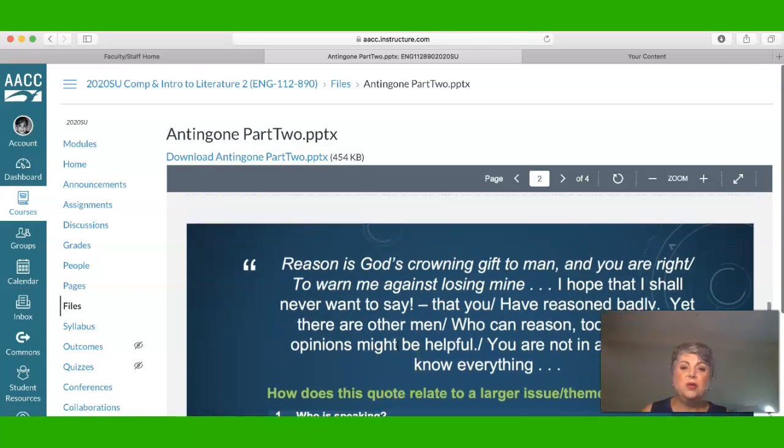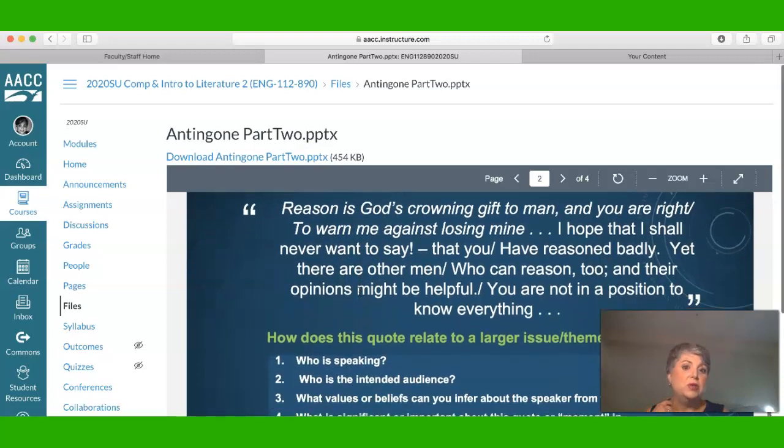Well, if you go back to the quote, look at that first line. Reason is God's crowning gift to man, right? So I would argue that the speaker here definitely values reason, right? Logic. And look at some of the other points of this kind of speech. I hope that I shall never want to say that you have reasoned badly.